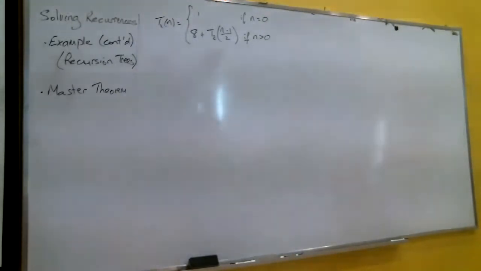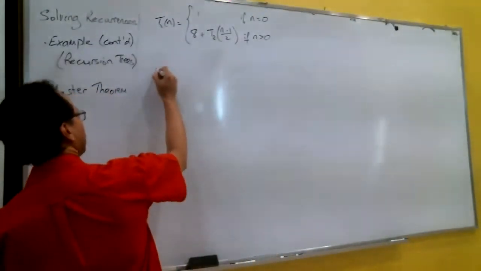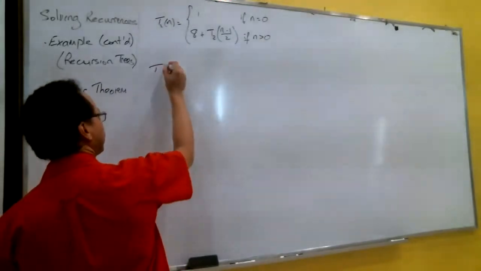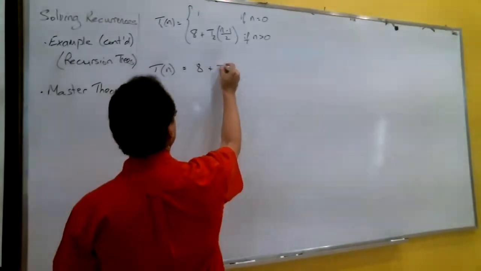And I showed you what that input size was going to be, but some people came up to me afterwards and said that wasn't clear how I got that. So let me illustrate that one step so you can see what's happening. For n bigger than 0, we're saying this is 8 plus T2 of n minus 1 over 2.